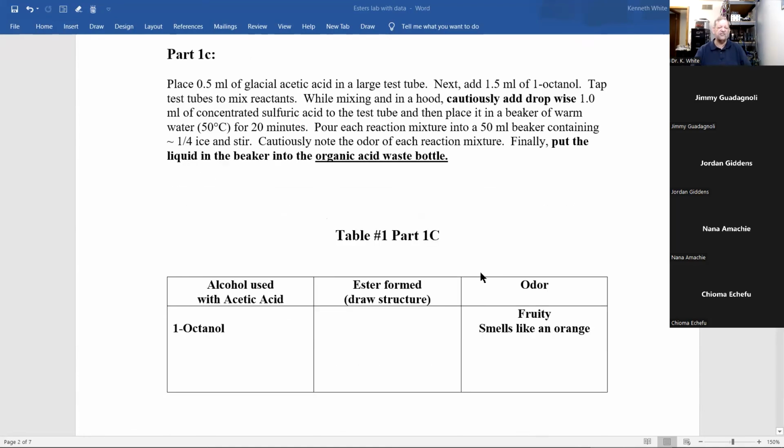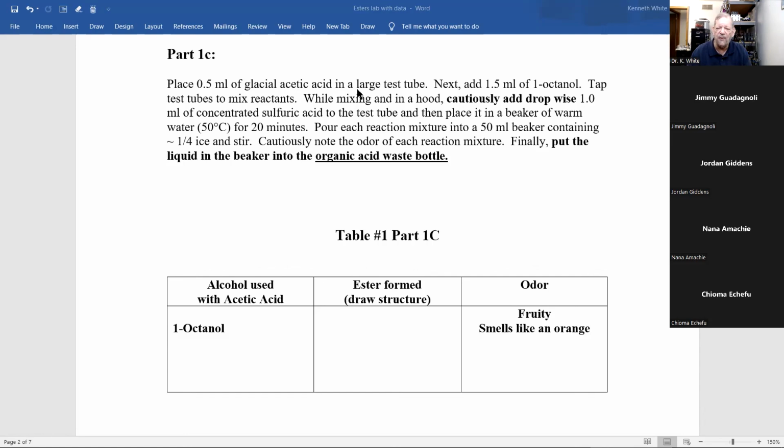Now, the last ester, part C, again, we take the acetic acid. Glacial means pure, 100%. The vinegar you smell is only 4%, roughly. This is 100%. You don't want to sniff it like that because it'll knock you off your feet. I warn students about that.